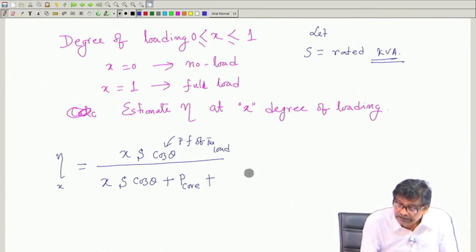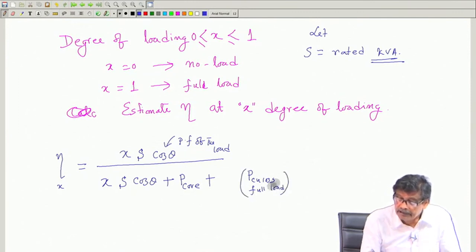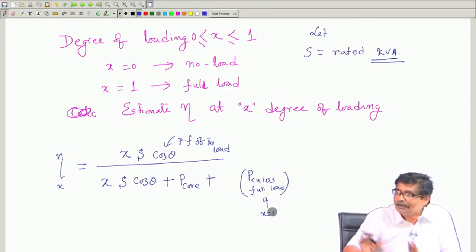Now, the question is, I know P copper loss at full load. This copper loss is at x equal to 1, when the transformer is carrying rated currents.